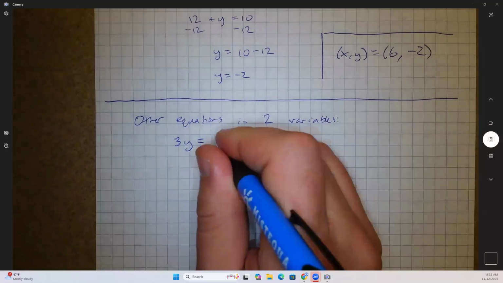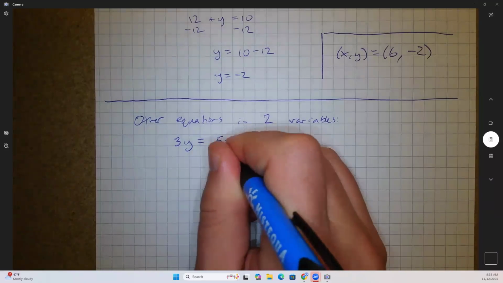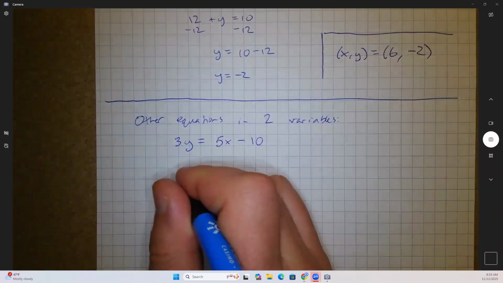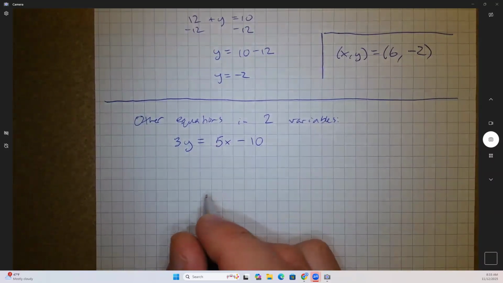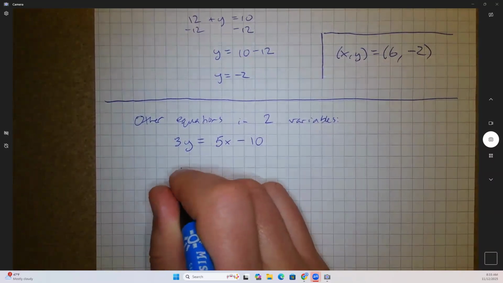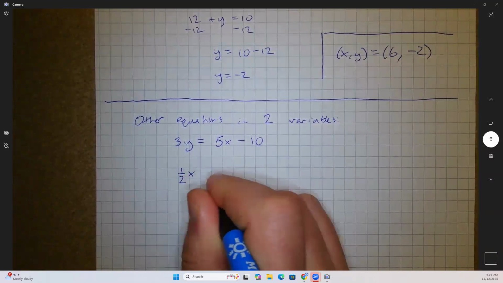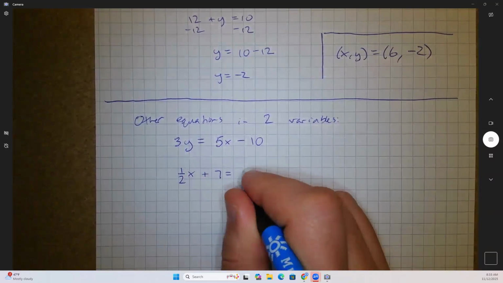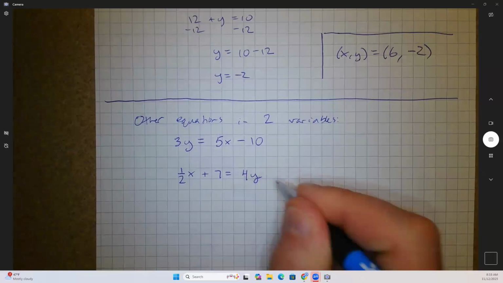You could have 3y equals 5x minus 10, for example, where the x and the y are on different sides of the equation. Here the numbers are over by the x. You could have fractions for sure. You could have 1/2 x plus 7 equals 4y.